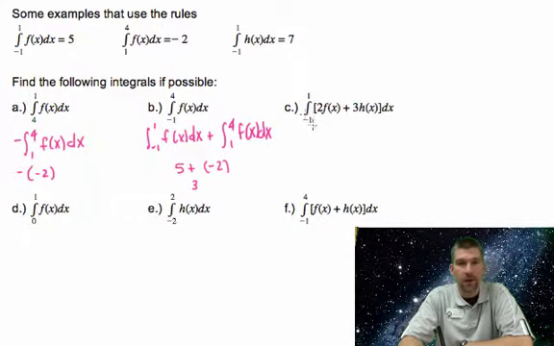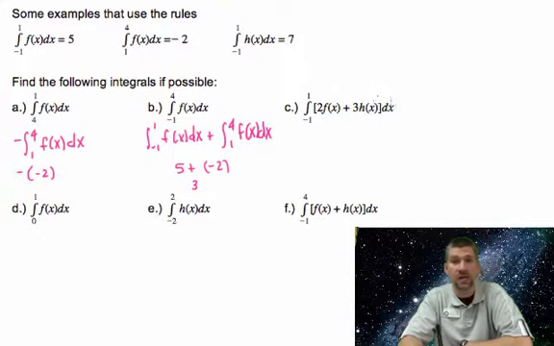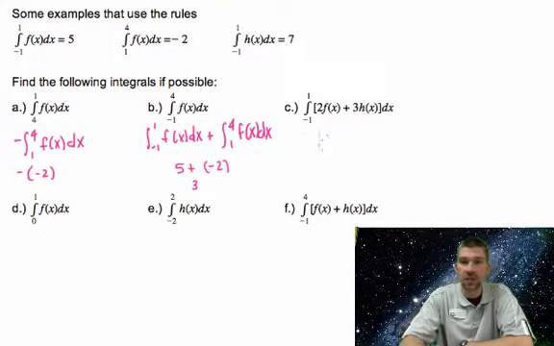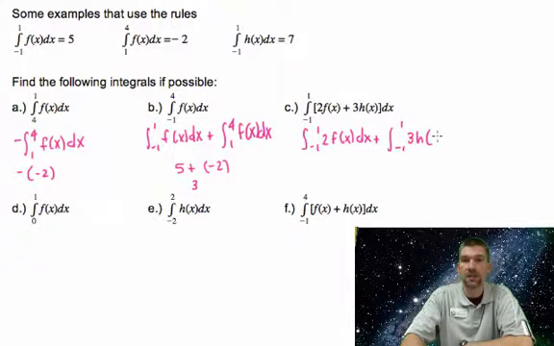What about this guy? Oh boy, what's going on here? We've got negative 1 to 1 of 2f(x) plus 3h(x). So let's separate this out. We'll use our rules again. We're going to go from negative 1 to 1 of 2f(x) dx plus negative 1 to 1 of 3h(x) dx.